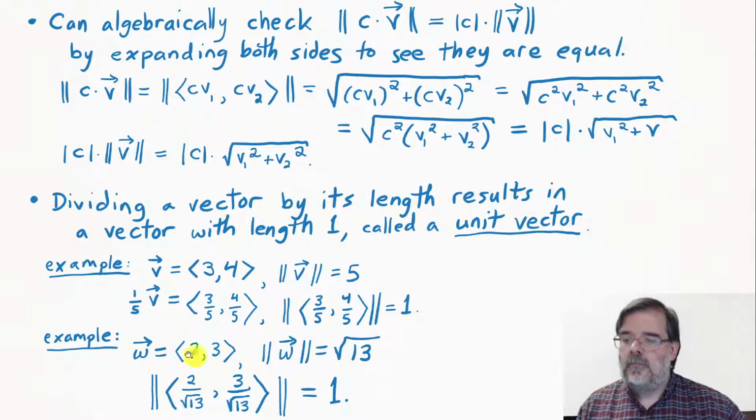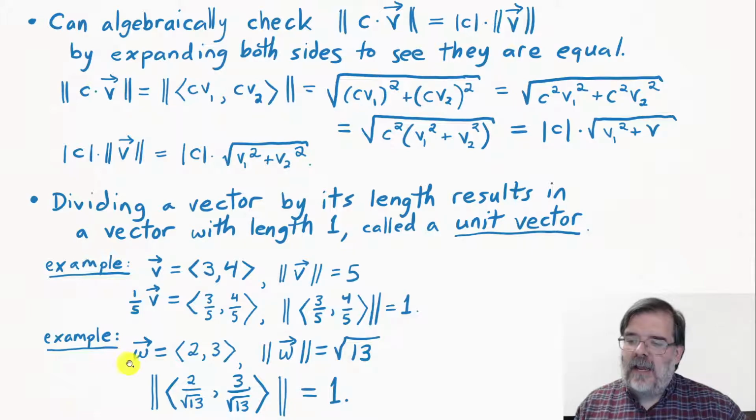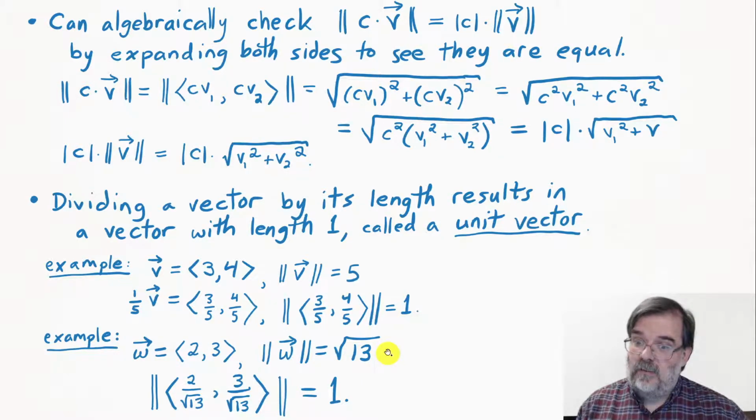As a slightly more complicated example, where the numbers don't work out quite as nicely because of a square root, let's say you have the vector w, the vector 2, 3. The length of this vector is the square root of 2 squared plus 3 squared. That works out to the square root of 13.